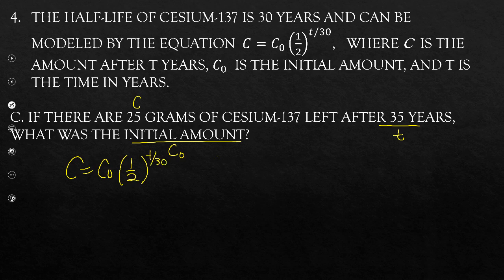We can substitute our final amount of 25. That equals the initial amount is what we're looking for, times 1/2 to the power of 35 over 30.